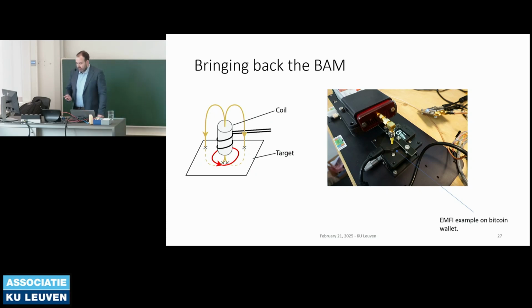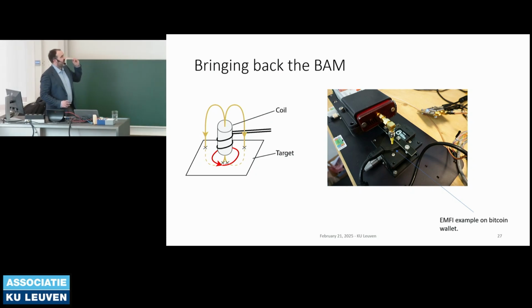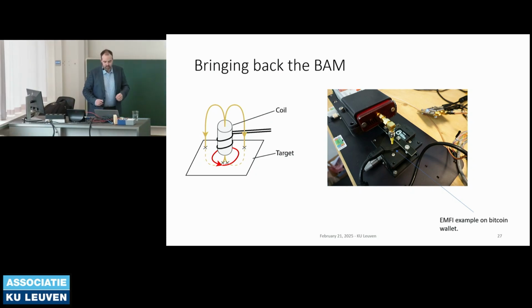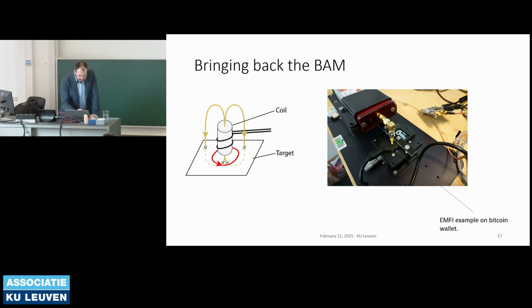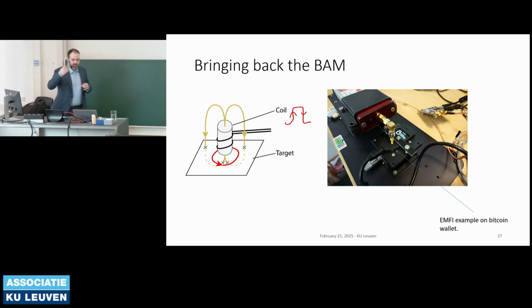Another way of doing glitching is with electromagnetic fault injection. I used this to round out the earlier discussion of a bootloader in the automotive device. With electromagnetic fault injection, I have a coil of wire. I insert a high voltage into this coil of wire, which gives me a high current.